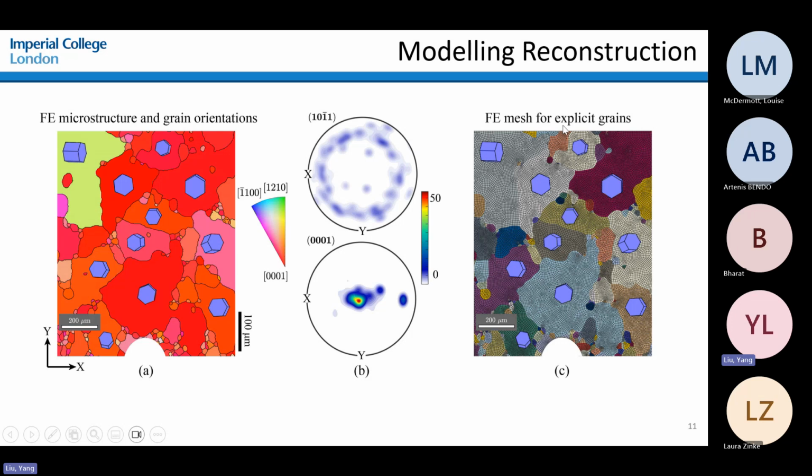And we create a finite element model for the crystal orientations that is taken from EBSD. You can see that this polycrystalline structure is mostly C-axis out of plane, and some of the grains go in another direction. And we want to understand it, as most of the behavior would take place just next to the notch.